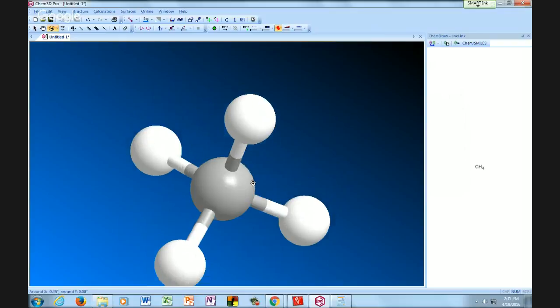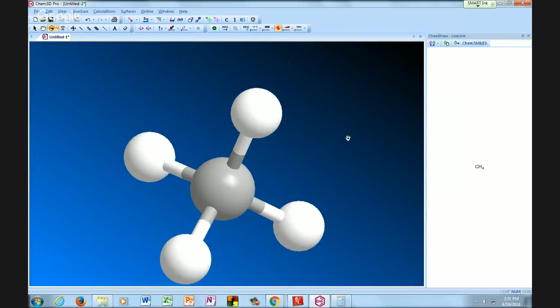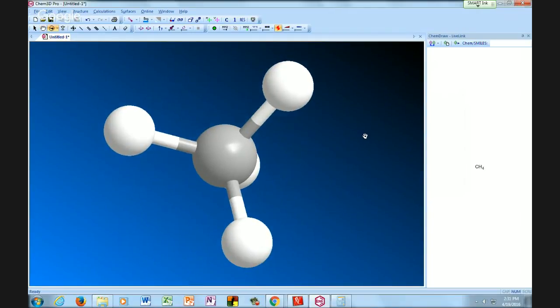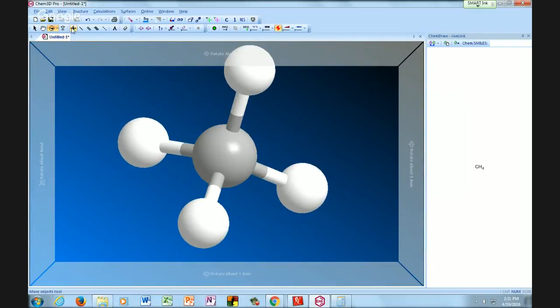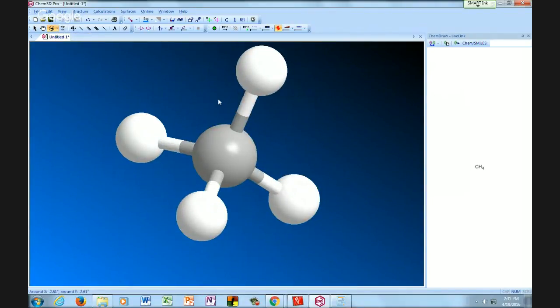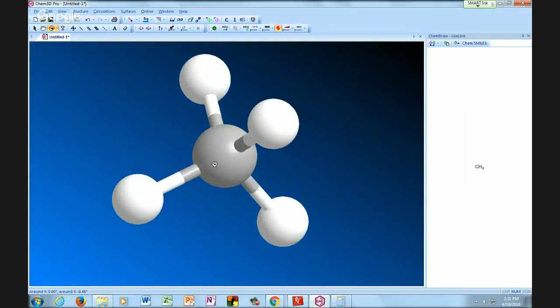Now you can see we can put it in a way that makes it look like it has those 90-degree bond angles. But when we turn it around, you can see that that's not really the case. It's actually a very different kind of shape.